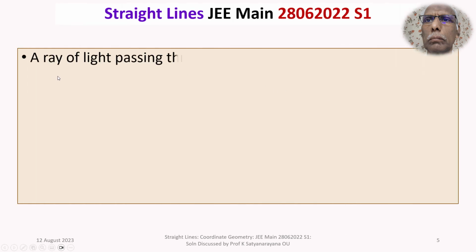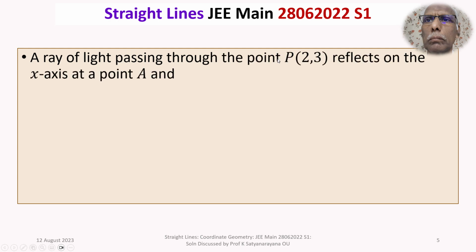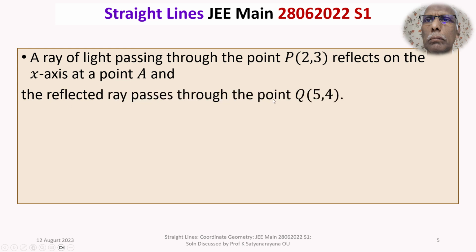The given question is: a ray of light passing through the point P with coordinates (2, 3) reflects on the x-axis at a point A, and the reflected ray passes through the point Q with coordinates (5, 4).